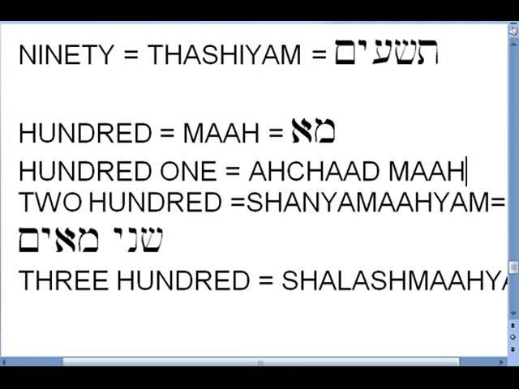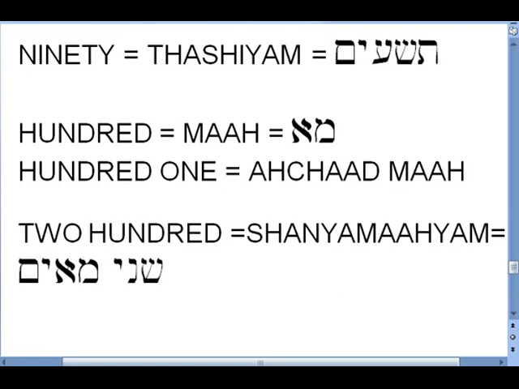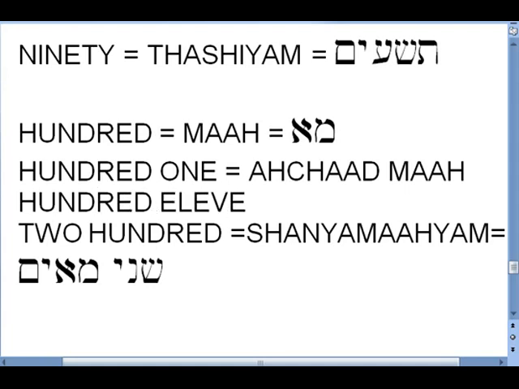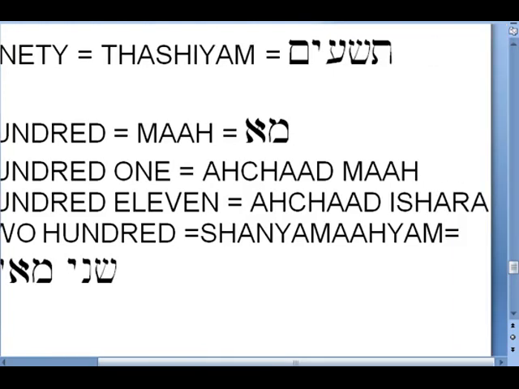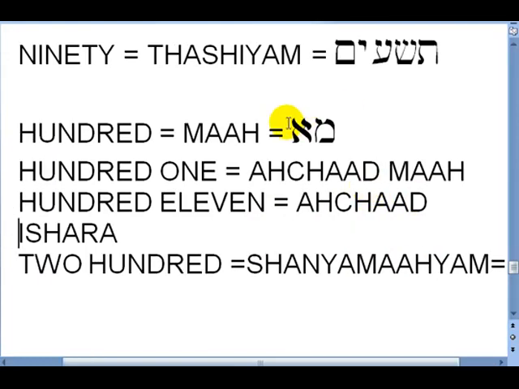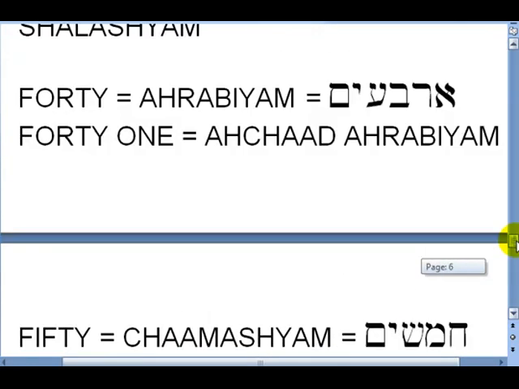And then once you get to 10 and you want to move on to 11, you just build it up as you did the 11. If you want to do 111, what you would do is you would put Akad Aishara, I believe it was Akad Aishara, which I gotta go up to make sure. 11.